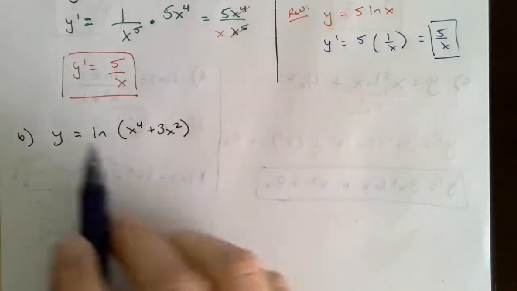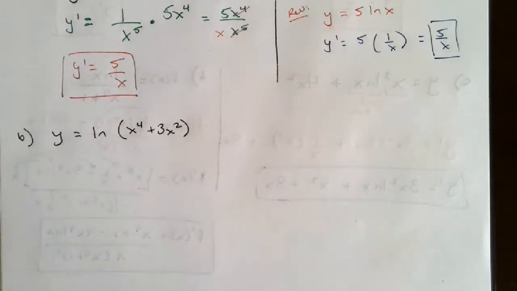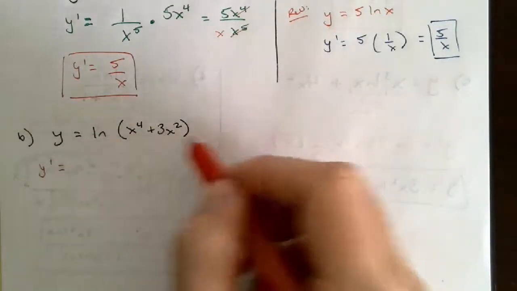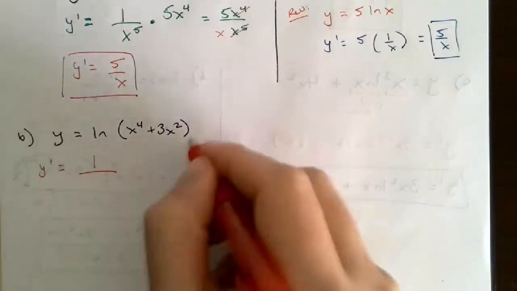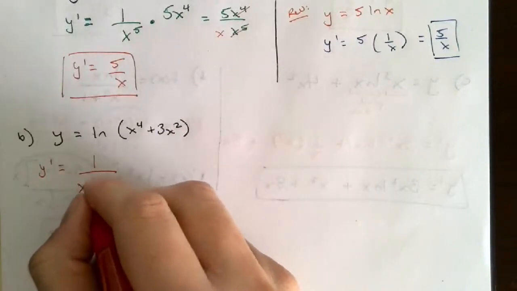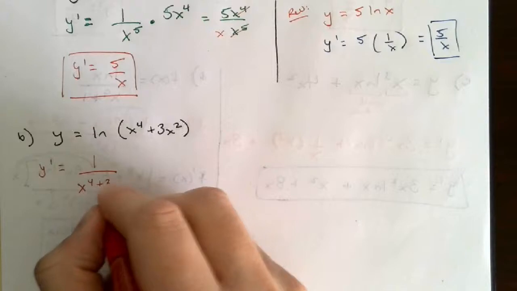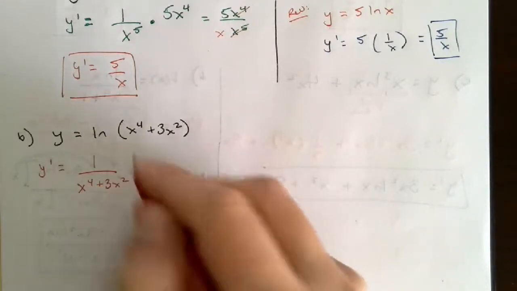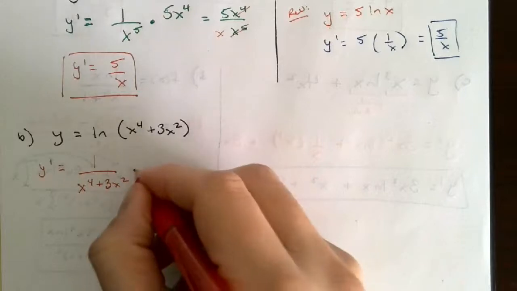So it's a chain rule, a function inside of a function. And when I look at this for y prime, remember the derivative of natural log is always 1 over whatever was on the inside. So 1 over the inside stays the same, so x to the fourth plus 3x squared. Make sure you leave the inside the same. So 1 over whatever is on the inside times the derivative of the inside.